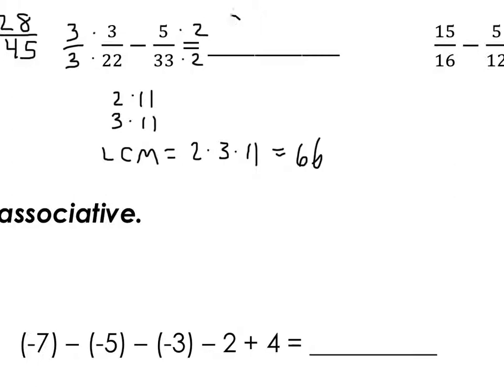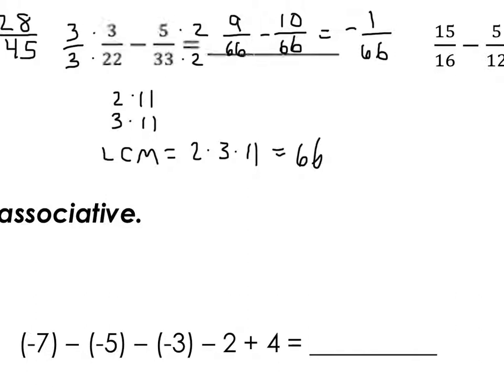So that gives us 9 over 66 minus 10 over 66. We have 9 minus 10. That's a negative 1 over 66. And that's our answer.